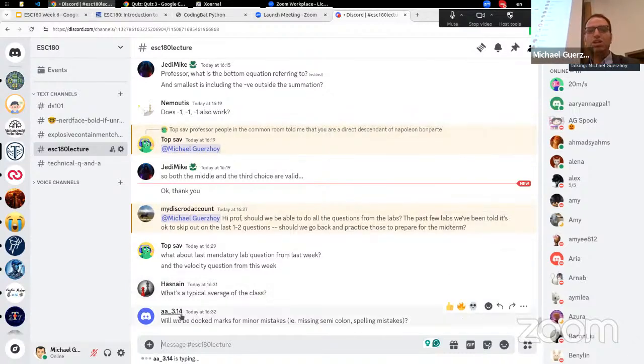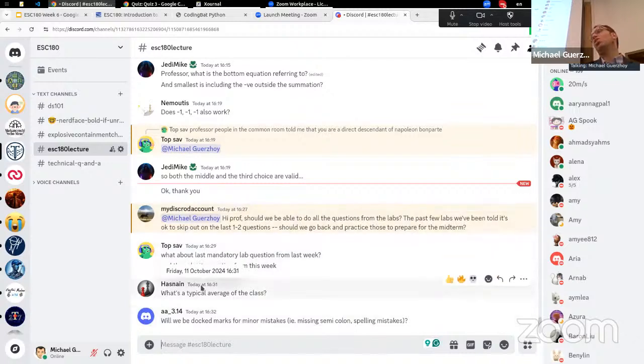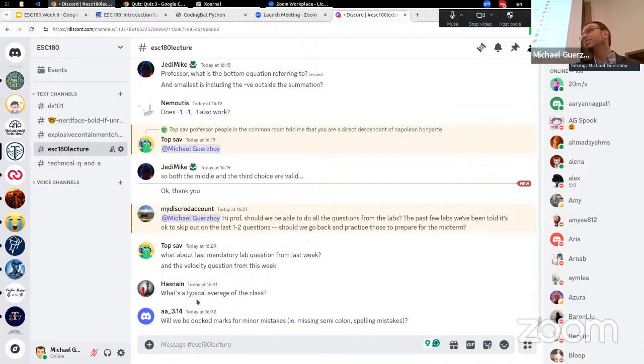There's a question: will we be docked marks for minor mistakes? Well, there are no semicolons in Python really, but you can look at the marking schemes from previous years. If you click on the solutions for the midterm, those come along with marking schemes, so you can know exactly what it's like. The answer in general is it depends how minor and in what context. If you're solving a problem-solving problem and you make a small typo, of course you're not going to care.